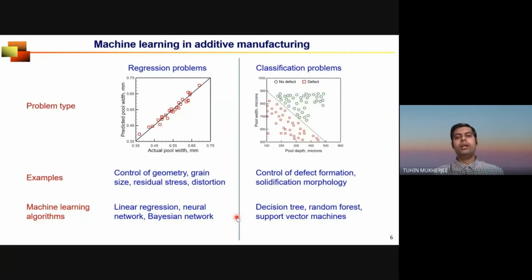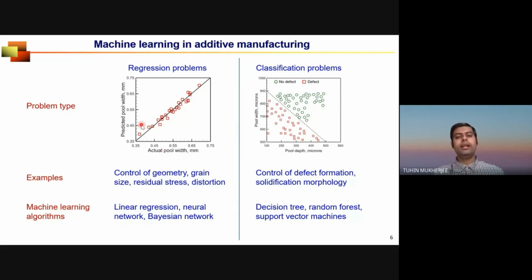So there are basically two types of problems in additive manufacturing that we generally solve using machine learning. Regression problems, where we have a variable that has continuous values. Let's say molten pool width, that has a particular value. It's a variable.